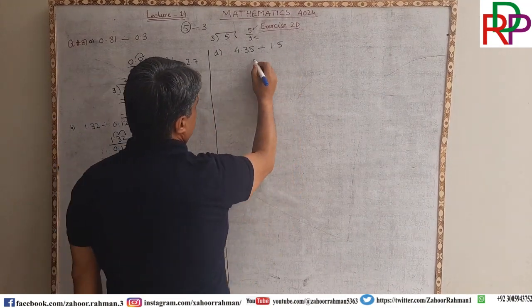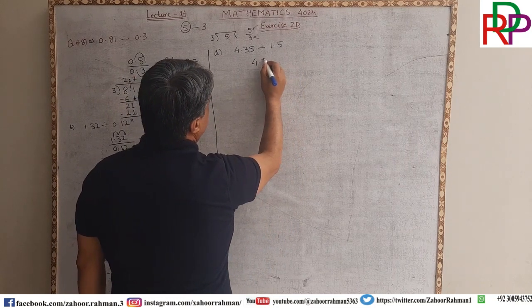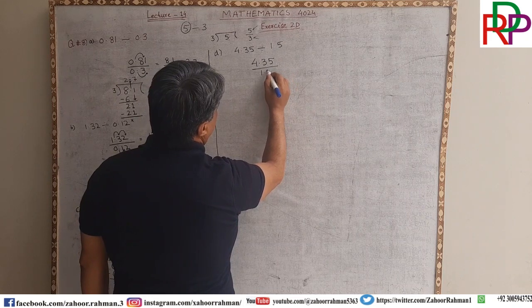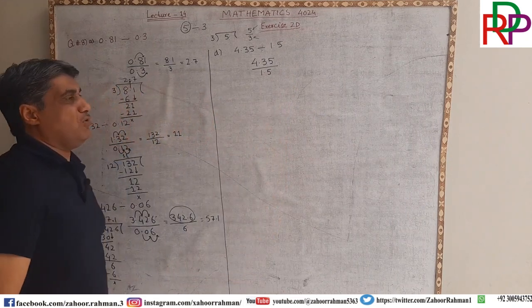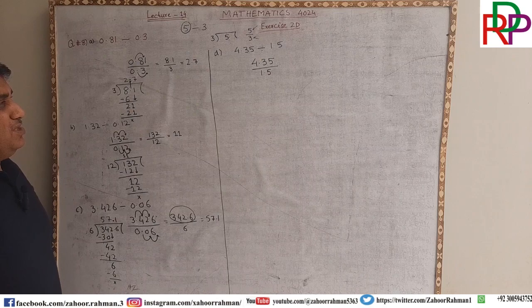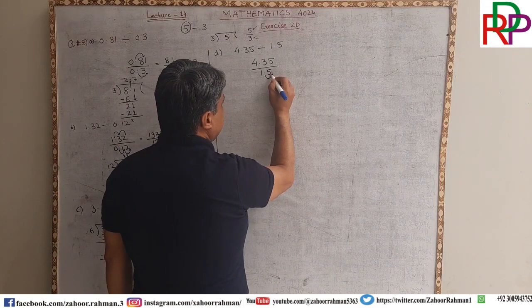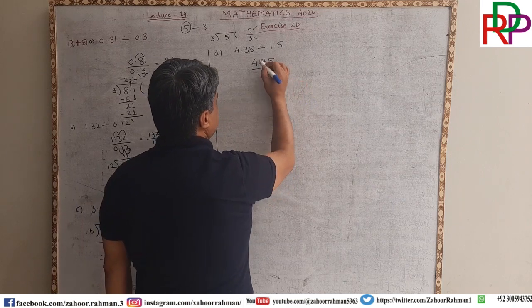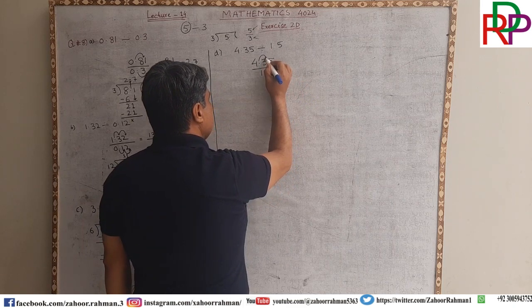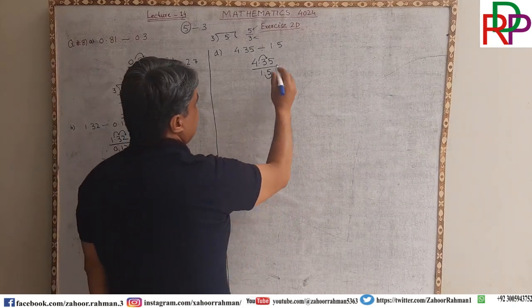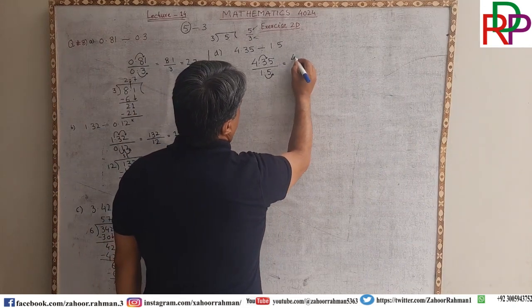Ladies and gentlemen, first I have to write 4.35 and then you have to write 1.5. We have to look at the denominator. I am shifting this 1 decimal, so the numerator will also be shifted 1 decimal.